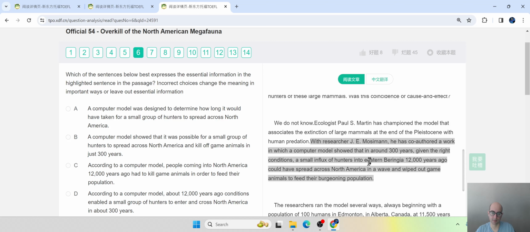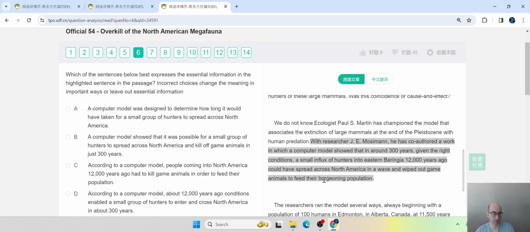And this is close to Alaska, basically, or it is in Alaska. Could have spread across North America in a wave and wiped out game animals to feed their burgeoning population. So a kind of animal, even if you didn't know, it's not the end of the world, to feed. Now, burgeoning, if you didn't know, it's okay, just do your best, but it means like exploding population, a really growing population.